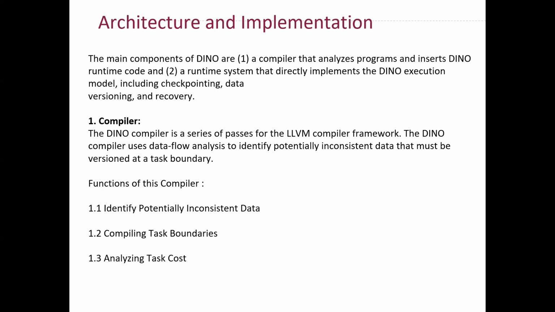So mathematically speaking, for each non-volatile store, let's say S to a location LS, the analysis searches backwards along all control flow paths until it hits the most recent task boundary on each path. Now, since we've already established that DINO tasks are atomic, the analysis of each path can stop when it finds a task boundary.